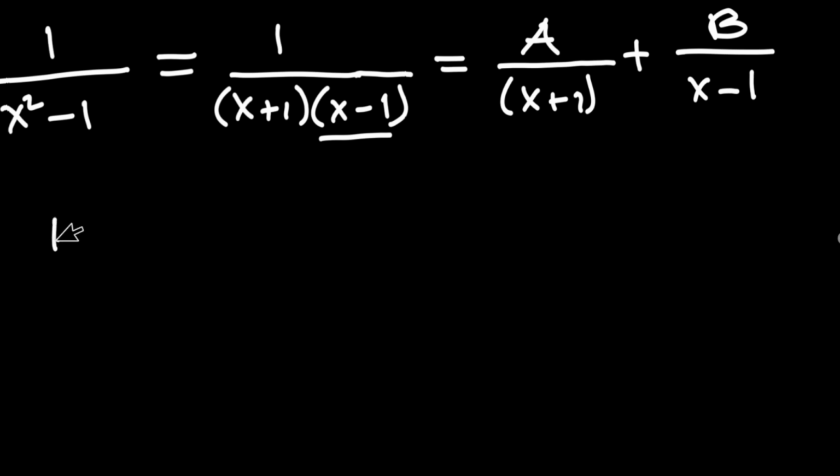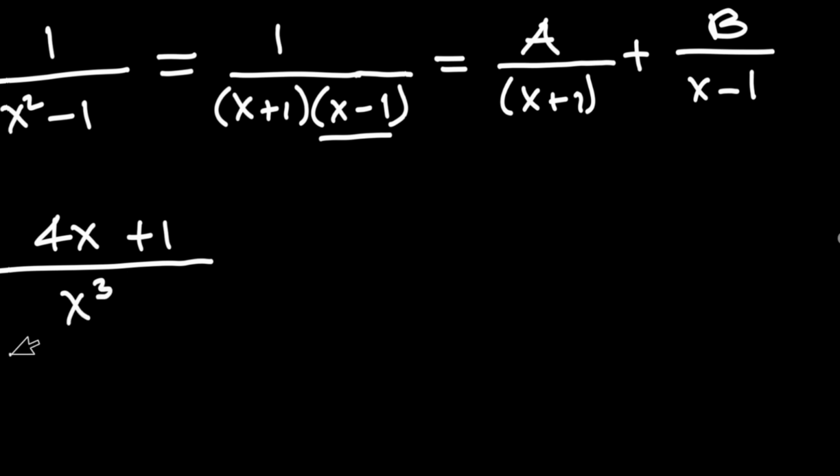Let's say we are given 4x plus 1, all divided by, let's say we have x to the third power. Now, to resolve this in partial fractions, of course, we have to check and see whether the degree of the numerator is less than the degree of the denominator. And you notice that the degree of the numerator right here is 1, and the degree of the denominator is 3. So no problem. We can go ahead and then resolve this into partial form.